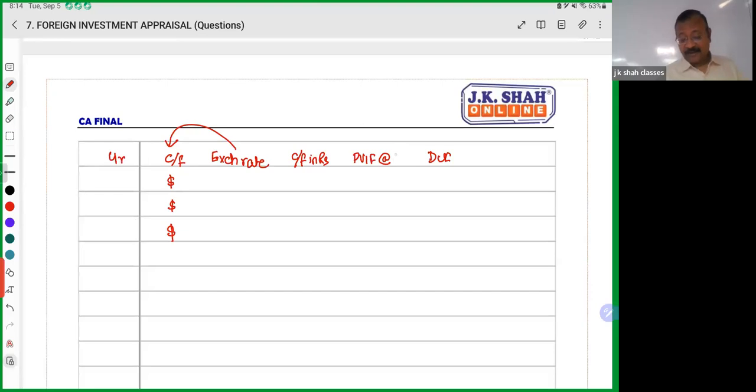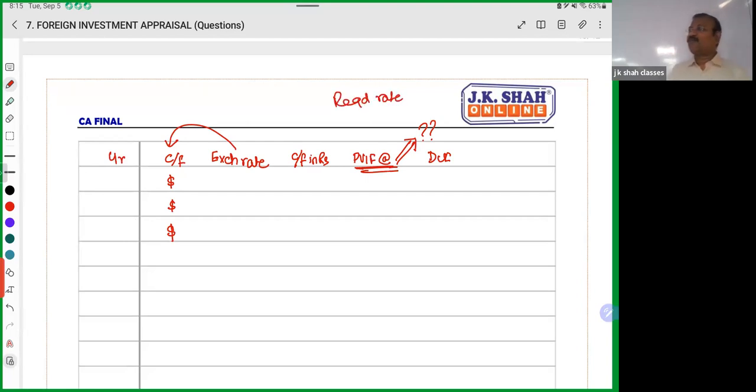But herein comes the second concept. This discounting rate which you will apply, will you apply the rate applicable for dollars or will you apply the rate applicable for rupees? Now I'll tell you why. This discounting factor is generally your required rate of return, right?